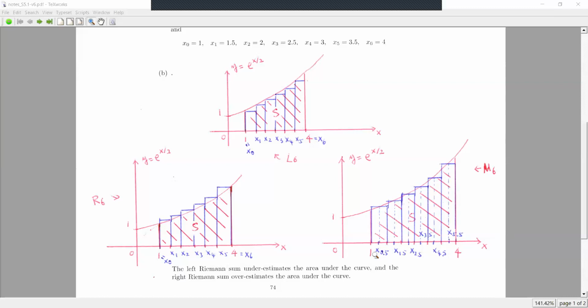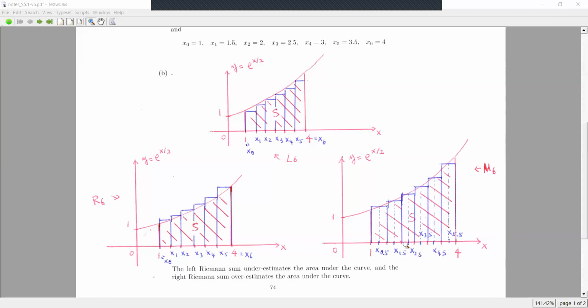Then what is the value of x 0.5? What is the value of the midpoint? Left endpoint x0 is 1. Right endpoint x1 is 1.5. So the midpoint is 1.25. So the value of this notation is 1.25. Use the function value at this point as height to build a rectangle.